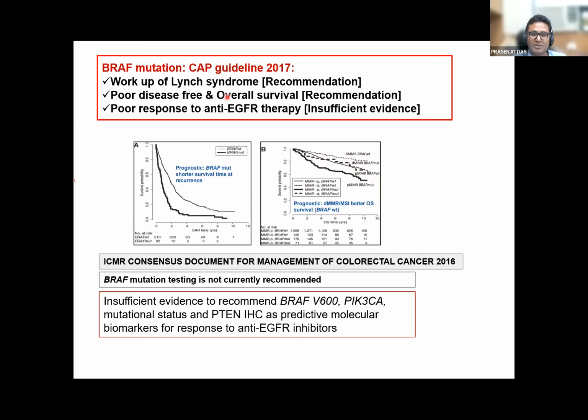And if the patient has BRAF gene mutation, then the treatment response to anti-EGFR therapy can be a bit poor. However, there is no such recommendation to do BRAF gene mutation testing before giving anti-EGFR therapy. So that is not recommended yet.